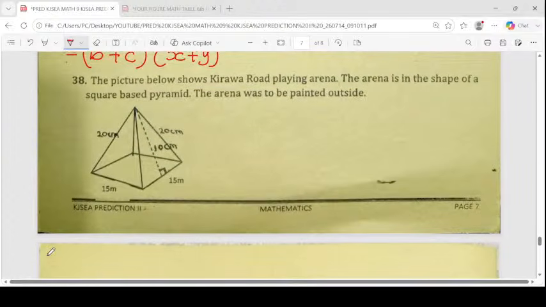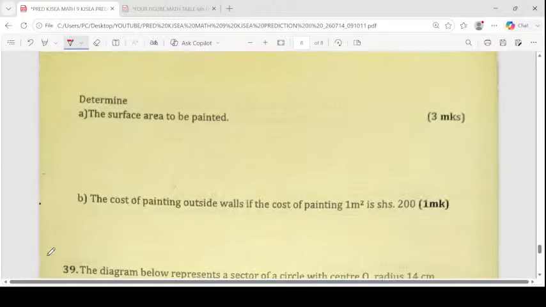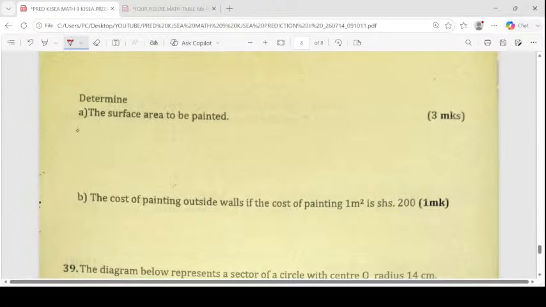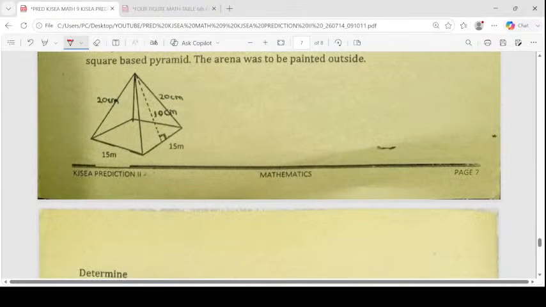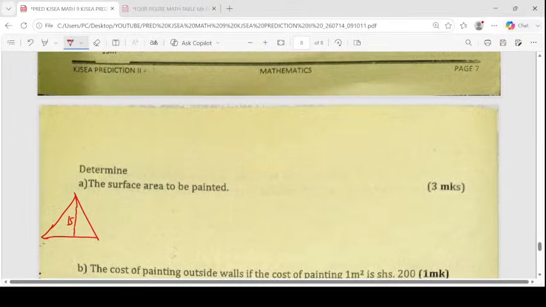Yes, we have this particular triangle here. It is my hope you can easily see. The height is 10, the base is 15.